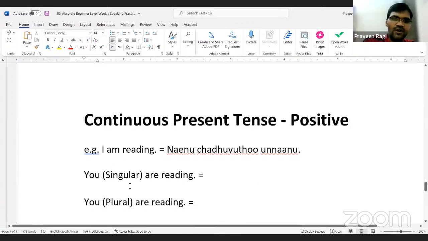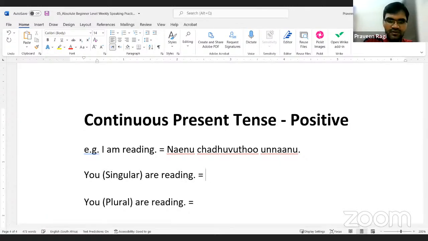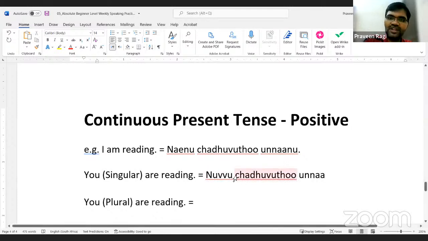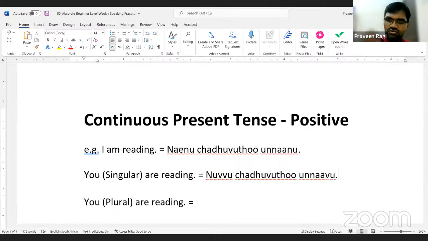For example, this is singular. You are reading. So it will be nuvu chaduvutu unnavu. This is present continuous tense.